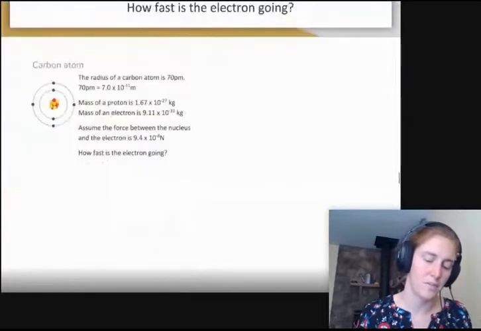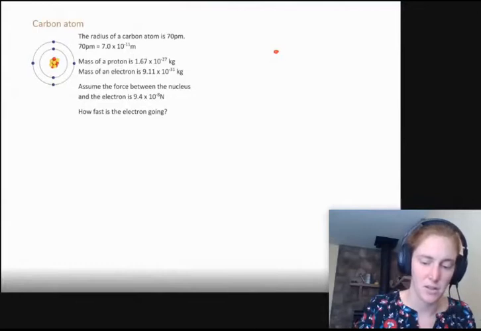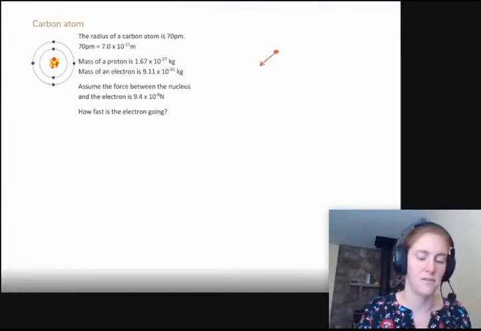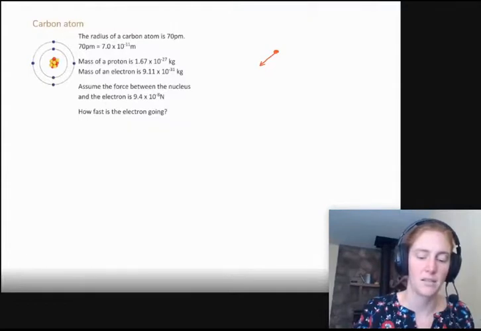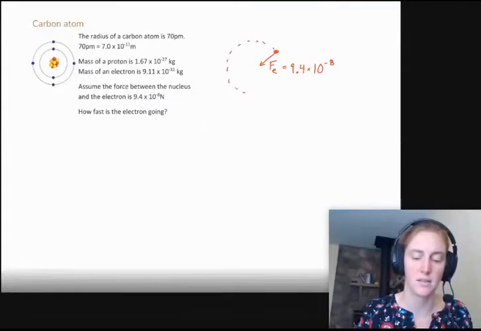All right, so if I look at an electron being attracted to the center of my atom, that is going to be my electrostatic force, which in this case is 9.4 times 10 to the negative 8. And so this would be as it's going around the circle.